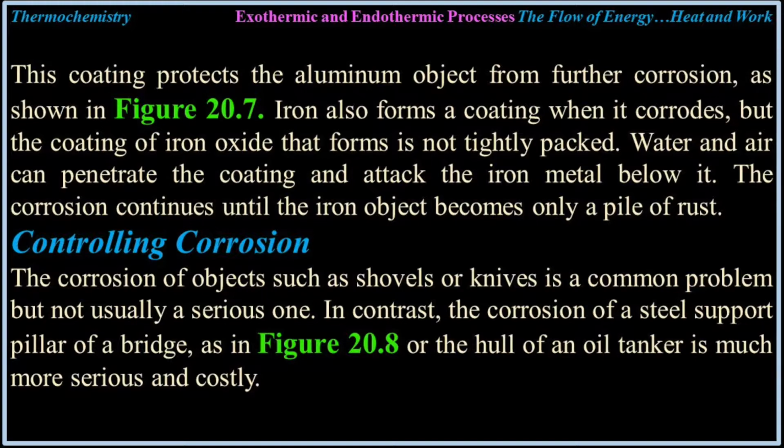The corrosion of objects such as shovels or knives is a common problem, but not usually a serious one. In contrast, the corrosion of a metal support pillar on a bridge, as shown in figure 20.8, or the hull of an oil tanker, is much more serious and costly and very dangerous.